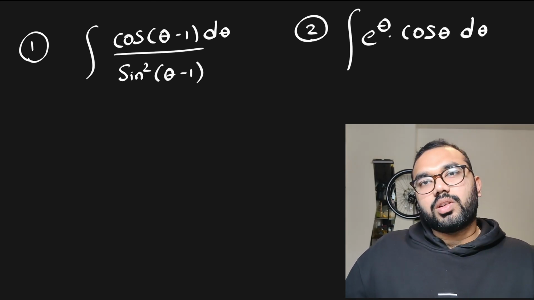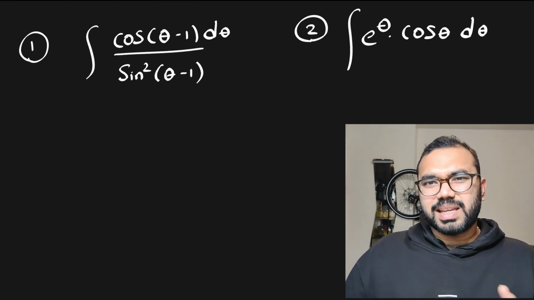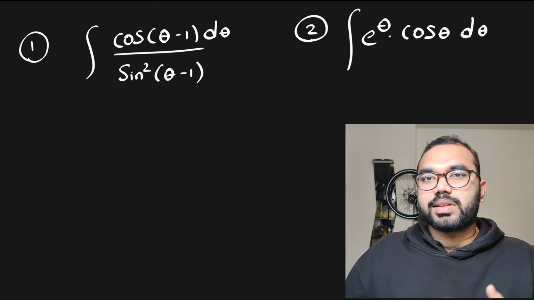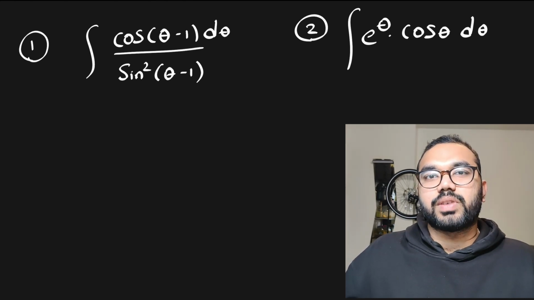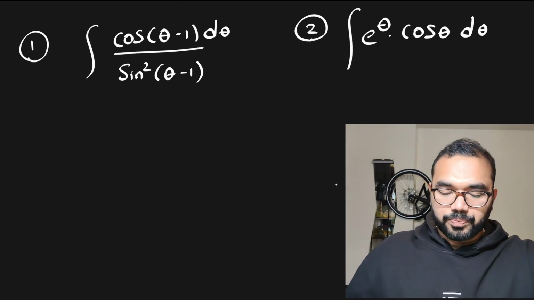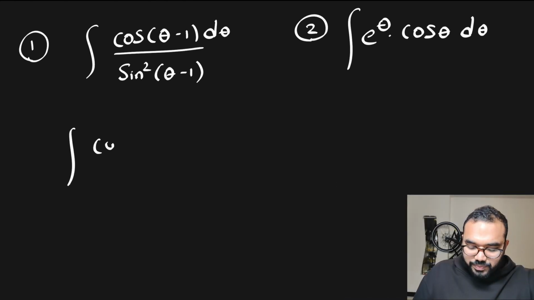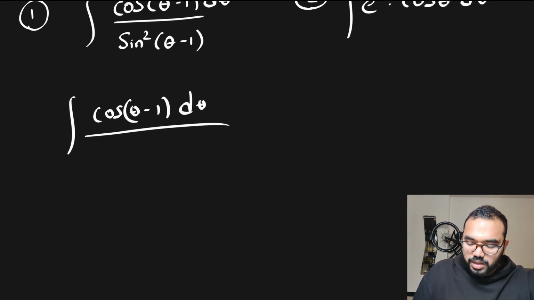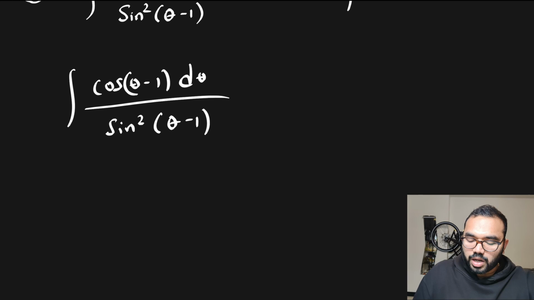But I'm going to follow a slightly different approach. It's the same kind of thing. You will end up having same solution, but it's just a different way of thinking about it. Okay, so I have cos of theta minus 1 d theta over sine square theta minus 1.